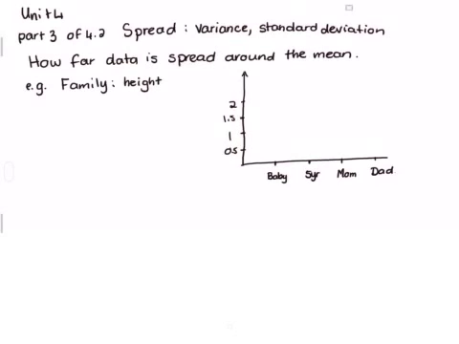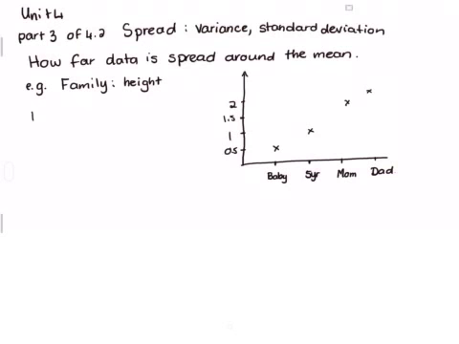So baby is half a meter. The 5-year-old is 1 meter. Mom is 1.7 meters. And dad is 1.9 meters. Now, what we're going to do now is we're not going to look at a line of best fit.